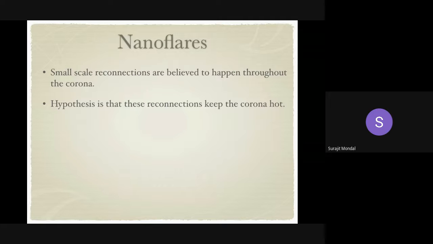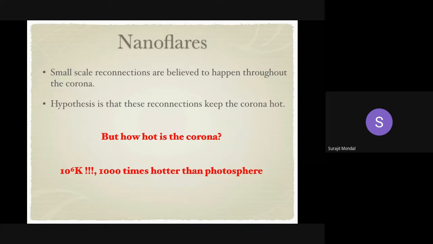And the hypothesis is that these reconnections are the mechanism by which the corona maintains its very hot temperature. Now, how hot is the corona? The corona is at a temperature of 10^6 Kelvin. It is 1,000 times hotter than the photosphere.